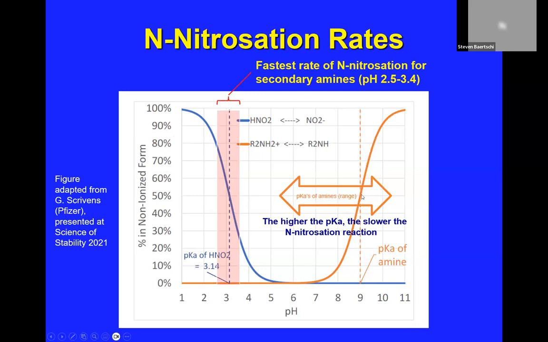So the pKa's of the amines are typically up here. And one of the take-home messages is that it's a competition between deprotonation of the amine and protonation of nitrite. And if you have two amines and one has a higher pKa than the other, it's going to be a slower nitrosation reaction in general. So the higher the pKa of the amine, the slower the N-nitrosation reaction in general.